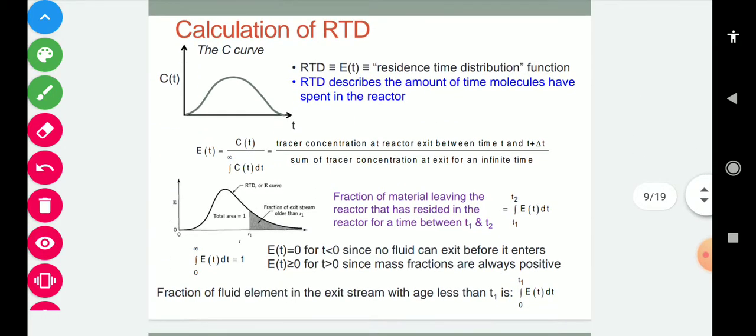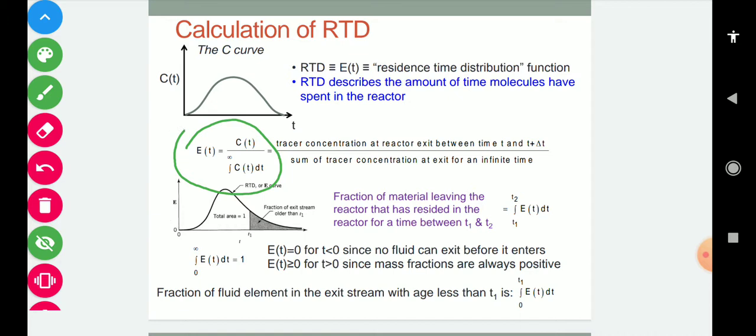Now the question arises, how do we calculate the RTD? RTD is the residence time distribution function, and RTD describes the amount of time molecules have spent in the reactor. So this is calculated with the help of this formula.